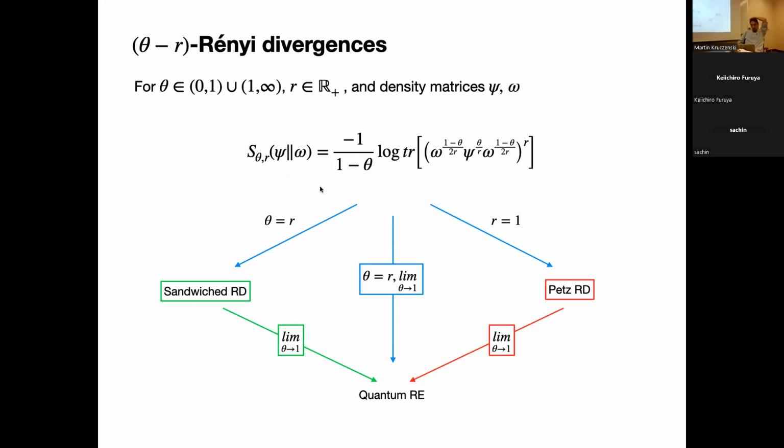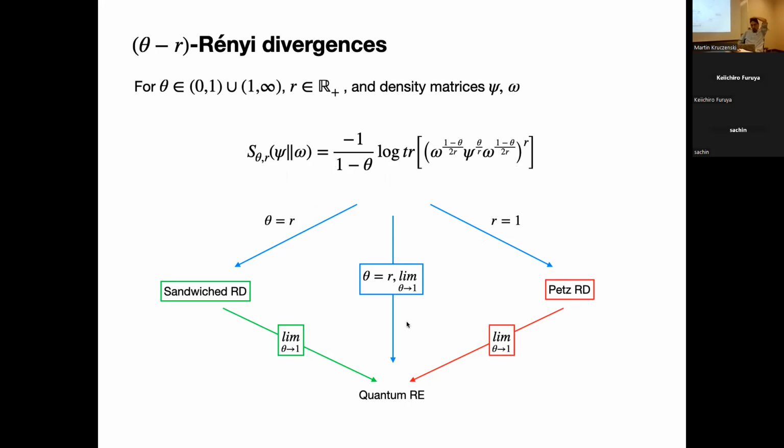We get the sandwich Rényi divergences and Petz Rényi divergences by taking special cases of this two-parameter Rényi divergence. When theta is equal to r, we get the sandwich Rényi divergences. When you take r equal to 1, you get the Petz Rényi divergences.